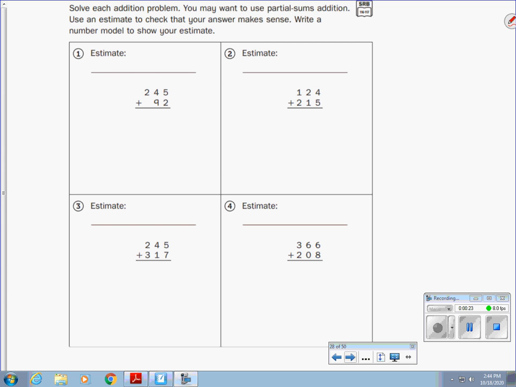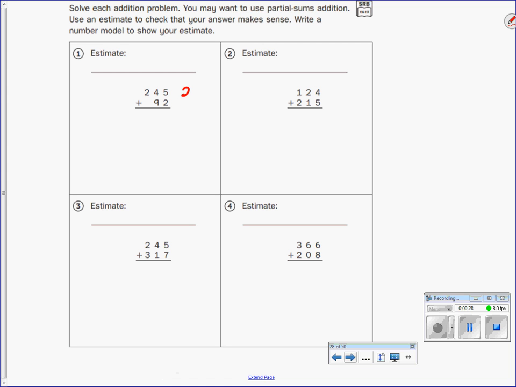Okay, so if I take 245, we could say 200. Then let's look at our tens. 4 plus 9 equals 13, and it's 13 tens, so that would be 130, and 5 plus 2 is 7. Okay, that gives me 337.